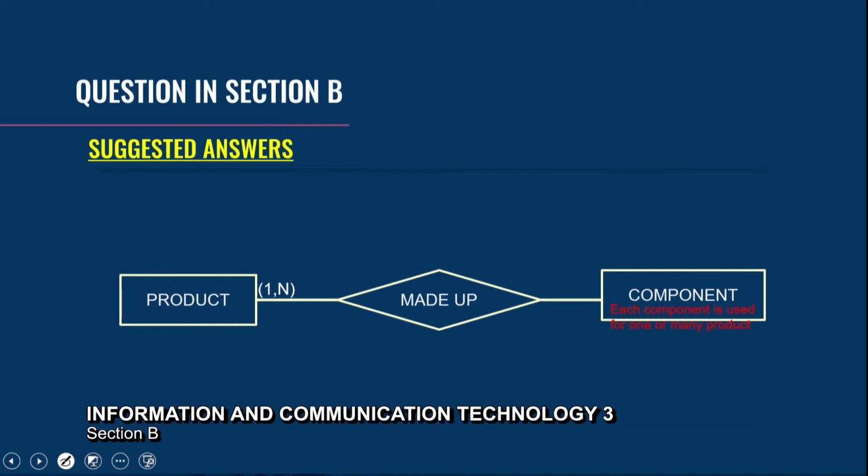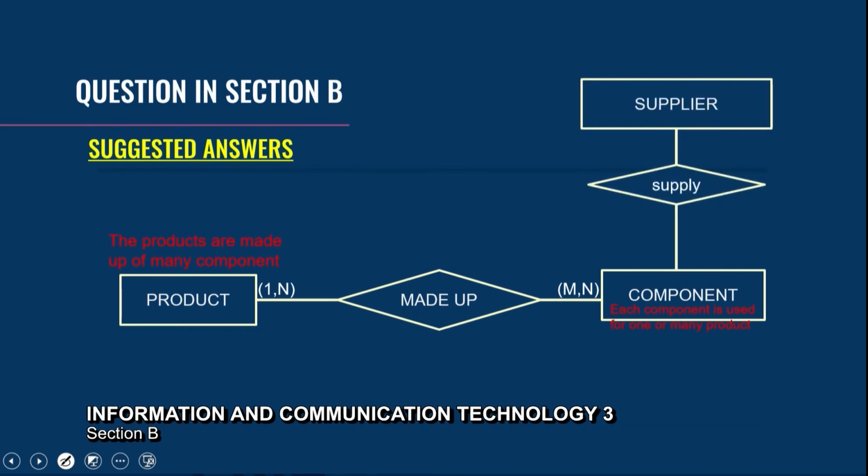1, n. When we read this, each component is used for one or many products. How to read this ER diagram? How I get this actually is from the question. I just extract. Each component is used for one or more products, and the product is made up of many components.